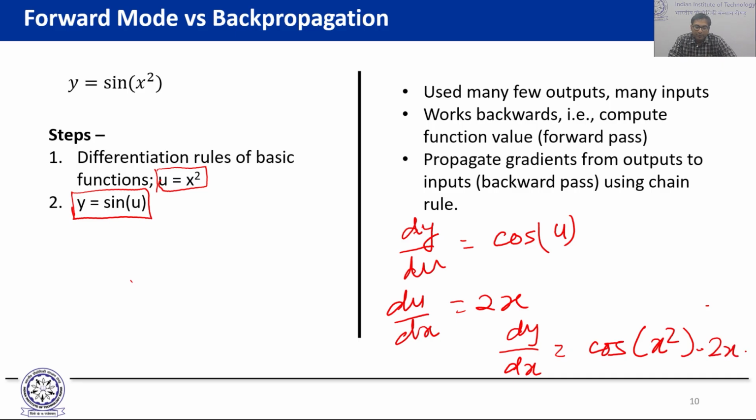So in case of backpropagation, we are working backward. We will be computing the function value from the forward pass, and then we start working backwards. Essentially we will be propagating the gradients from the outputs backward towards the input using the chain rule.